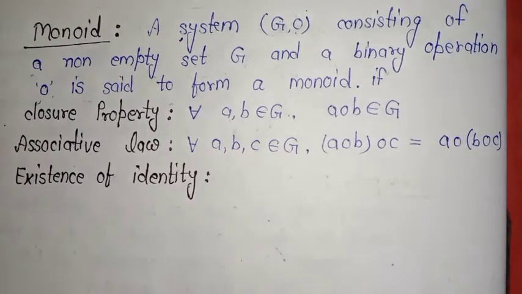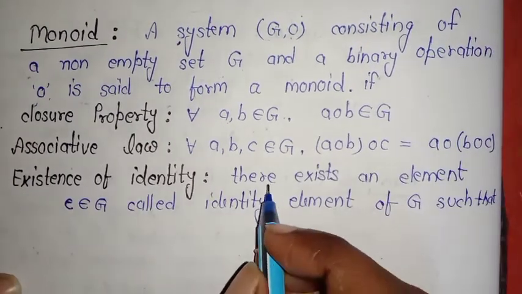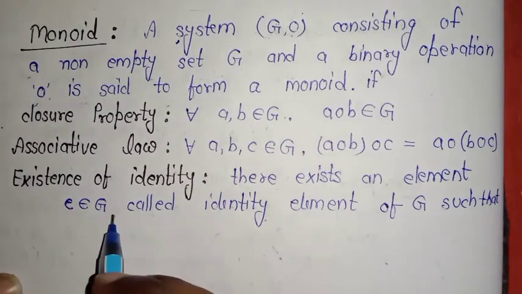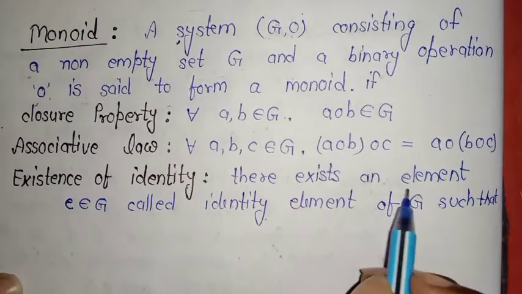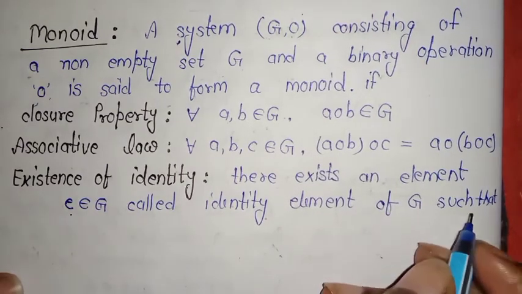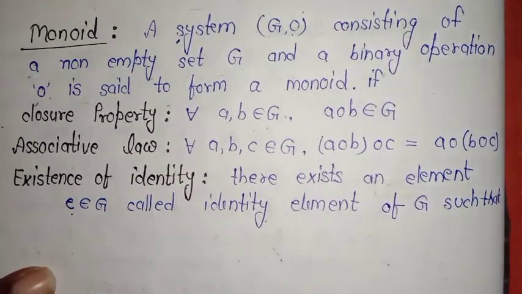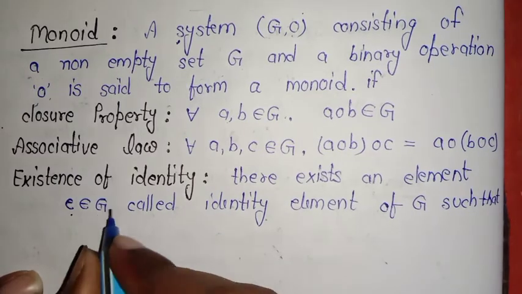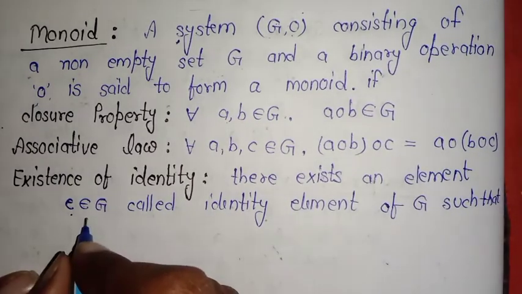So there exists an element e belonging to G. That is, in each set there must exist an element, that is the identity, such that if we apply any element with this identity element, we get the same element.